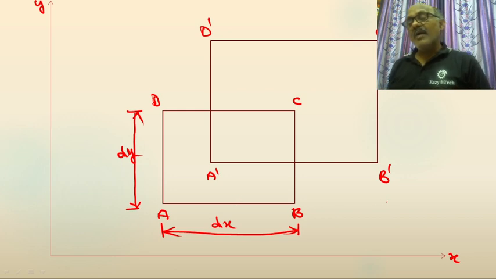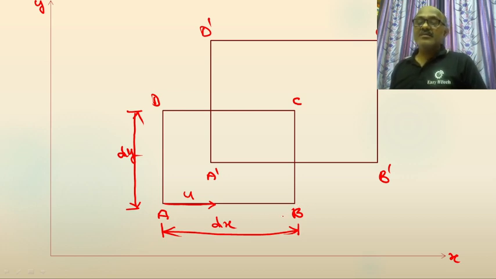Okay. Now, I am applying force in the x-axis direction, my dear friends. Because of that force, A is displaced by u, but B is also displaced by how much?